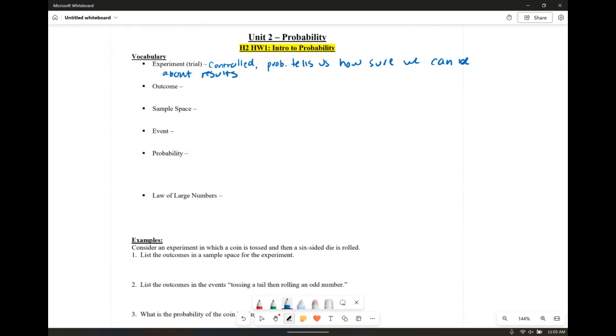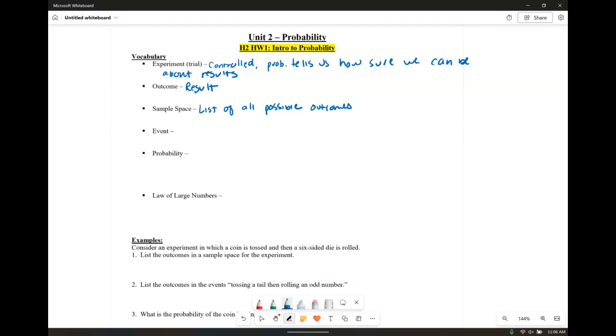The outcome, this is another word for a result of an experiment. And a sample space, this is a list of all possible outcomes. We'll talk about that more in a little bit.